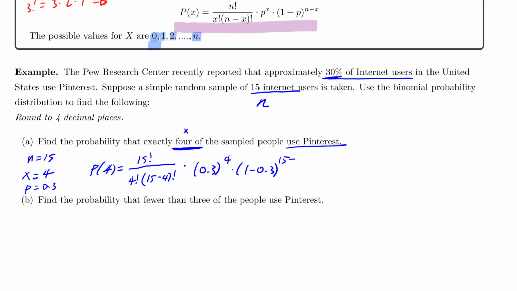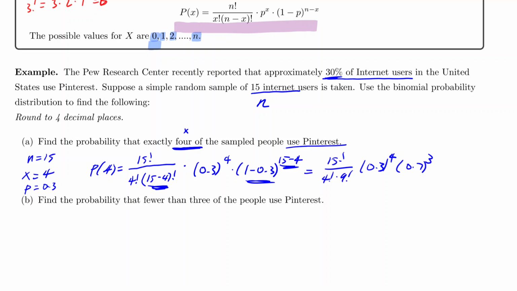Well, 15 minus 4. So we can simplify 15 factorial over 4 factorial times 9 factorial. This is 9. This is also 9. Times 0.3 to the 4th. This is 0.7 to the 3rd power.